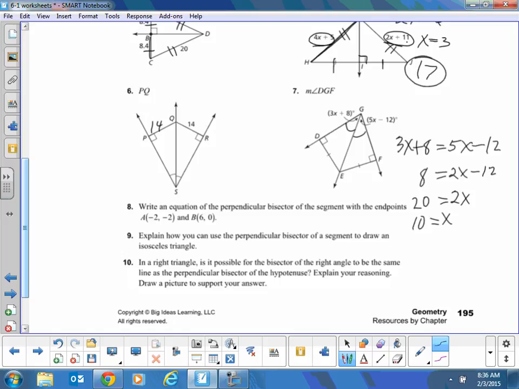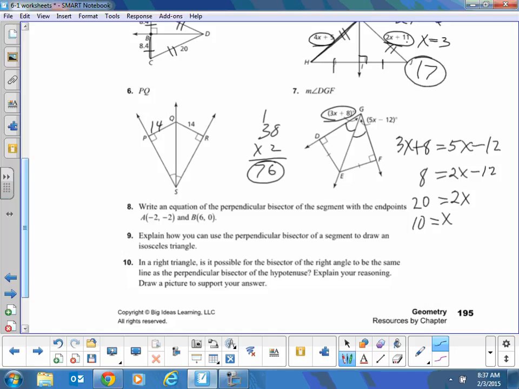So DGF, B, G, F. I got X is 10, I got 50 minus 12 is 38. Plus 38 is 76. If I plug it in there, I'll get 38 also. Because those are congruent, I just have to plug it into one.